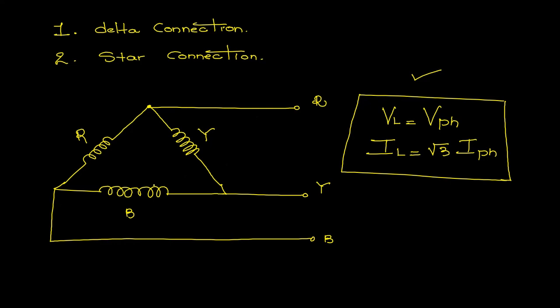Now coming to the star connection, it is always connected like this. For example, these are the three phases: this is R phase, this is Y phase, and this one is B phase.